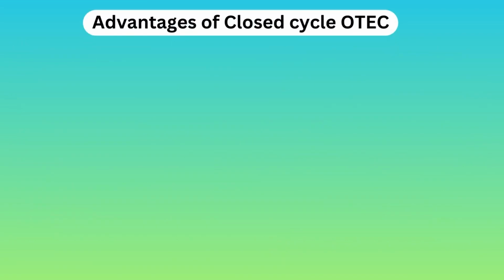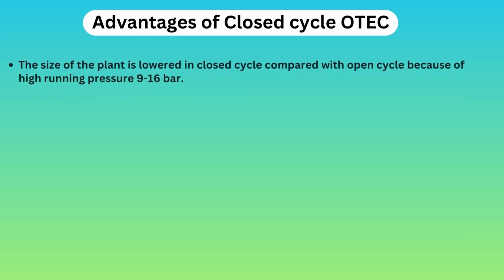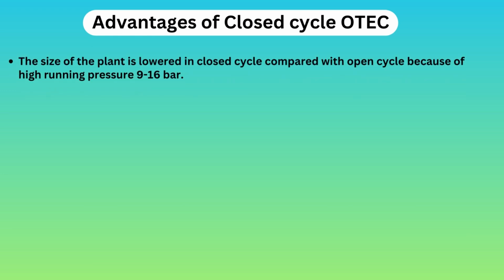Now the advantages of the closed cycle ocean thermal energy conversion system. The size of the plant is lowered in closed cycle compared with open cycle because of high running pressure, that is 9 to 16 bar.